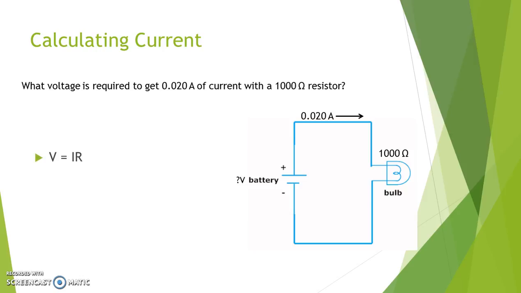Okay, well, we rearrange our equation. So V equals IR. Substitute in: I is 0.20 amps. R is 1000 ohms. Put it in our calculator, and we see that we need a 20 volt battery in order to see 0.20 amps when we have a 1000 ohm resistor.